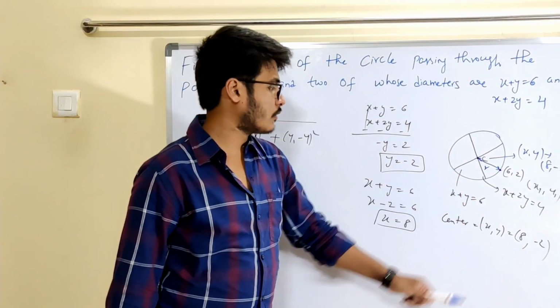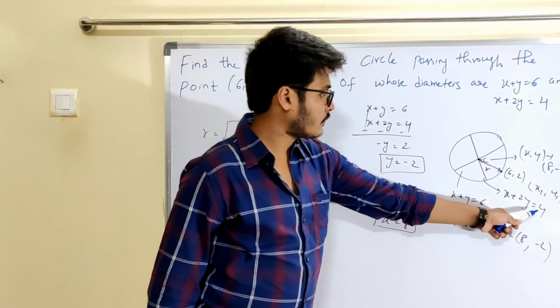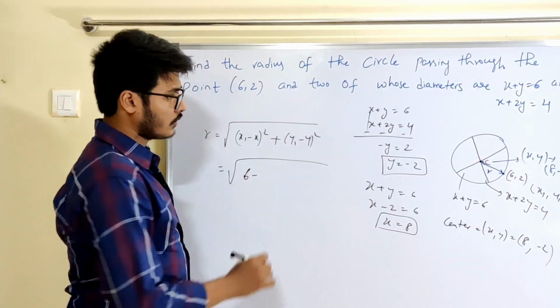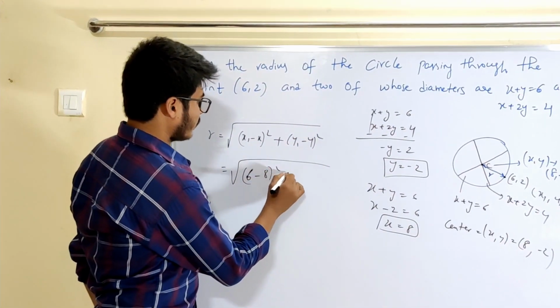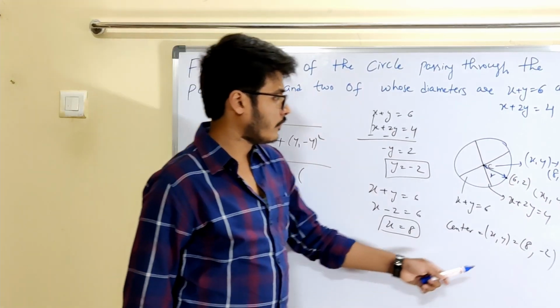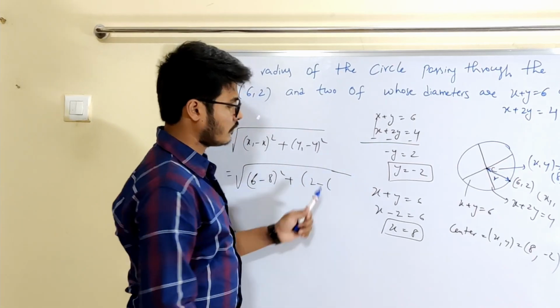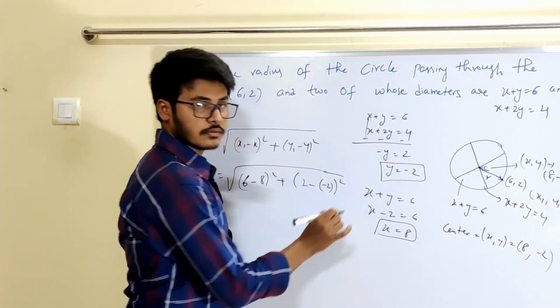Here x1 is 6 minus x is 8, 6 minus 8 whole square plus y1 is 2 minus y is minus 2, so minus 2 whole square.